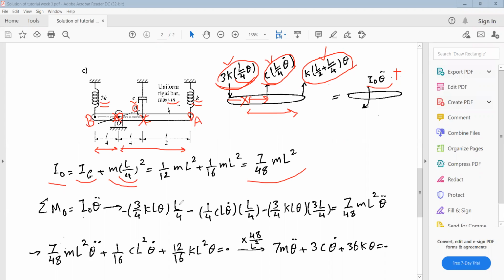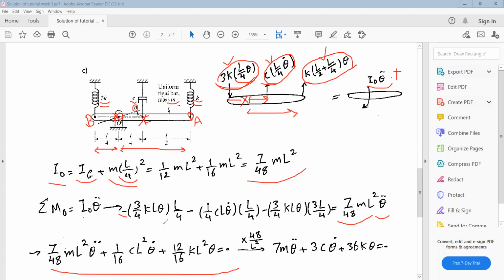So we can substitute and calculate the equation of motion. It must be equal to I_O times theta double dot, and all of them have a negative sign because the moments due to these forces are in the counterclockwise direction. Finally, by simplifying this equation, you can extract the equation of motion.